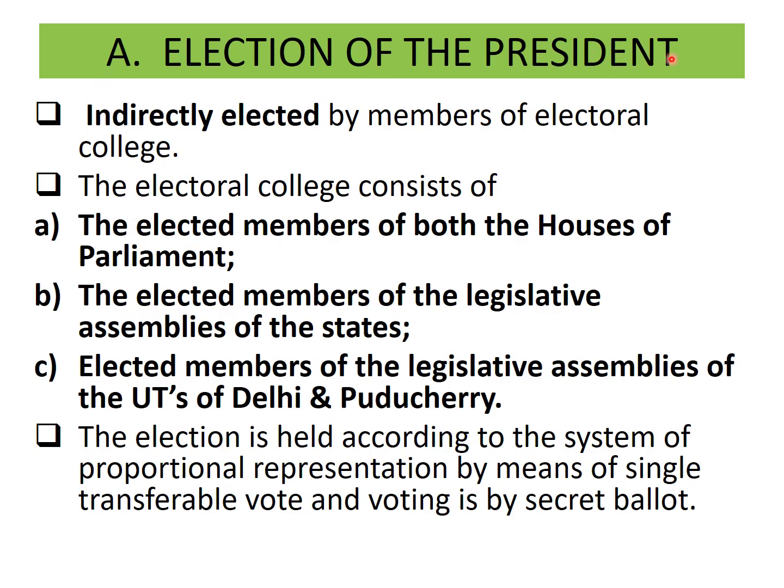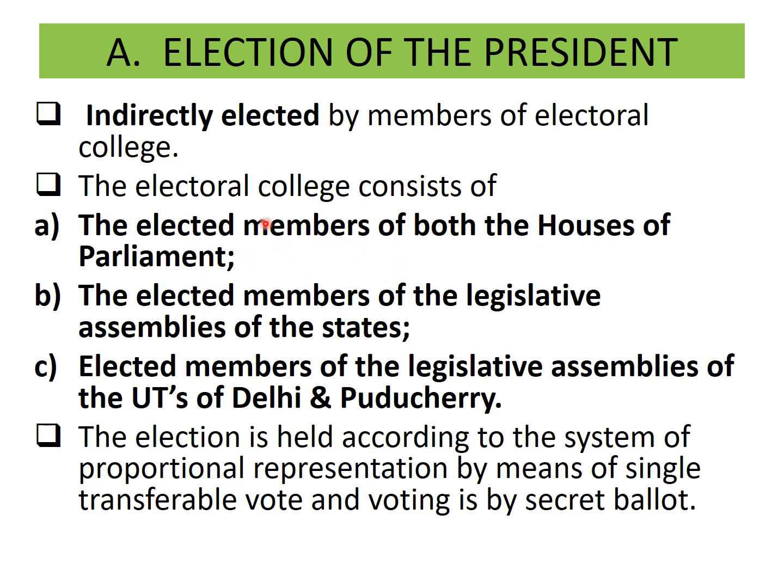Now the election of the president. We know that unlike the prime minister of India, who is directly elected, the president is indirectly elected. And how is he elected? By an electoral college. The members are the elected members of both the houses of the parliament, Lok Sabha and Rajya Sabha.